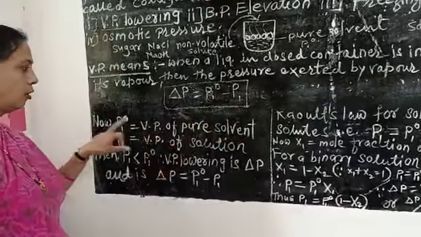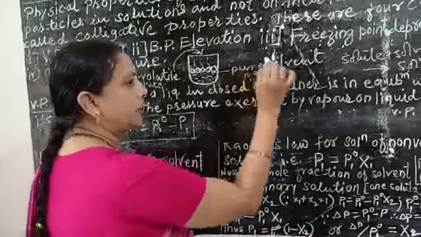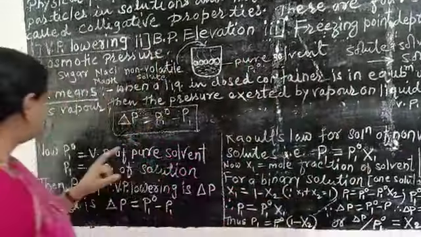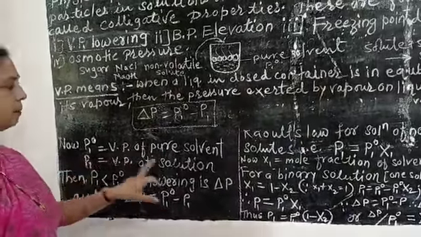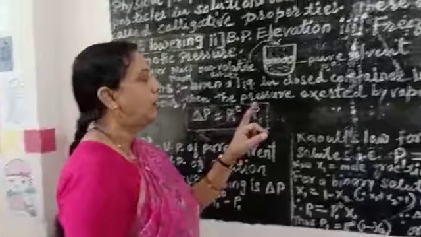What is P10? Vapor pressure of pure solvent. Vapor pressure of pure solvent is always greater. And what is P1? Vapor pressure of solution.